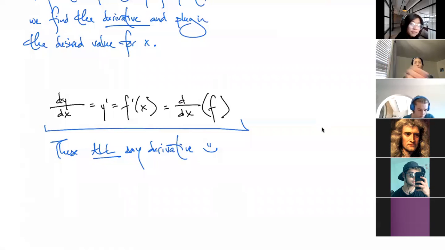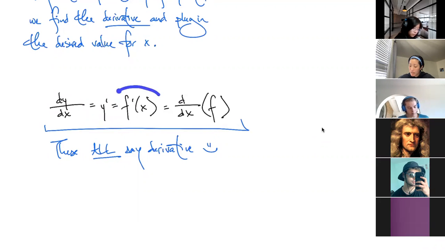Okay, so there were a lot of different ways to write derivative, and it's important that we are able to recognize the different types of notation. So for instance, we had this one, which we would read as dy dx. Another way to say derivative might be this one, where we have y prime.